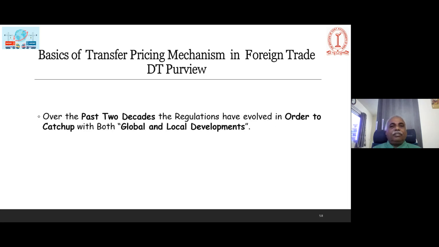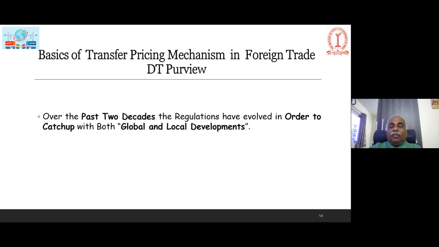Over the past two decades, regulations have evolved to catch up with global and local developments. Within the country, with all subsidiaries, entities and joint ventures, goods move from one parent or entity to another, and for that also the transfer price mechanism is very important.